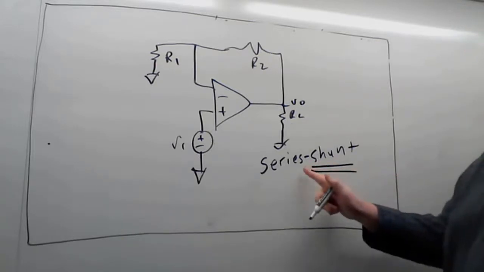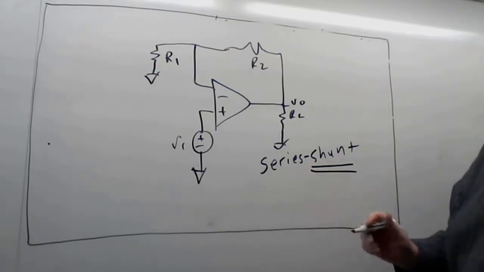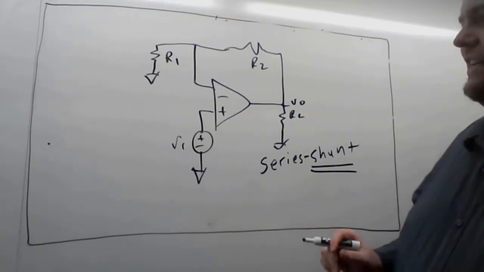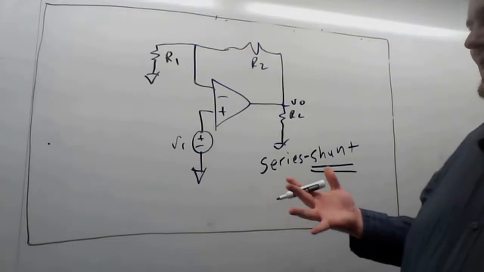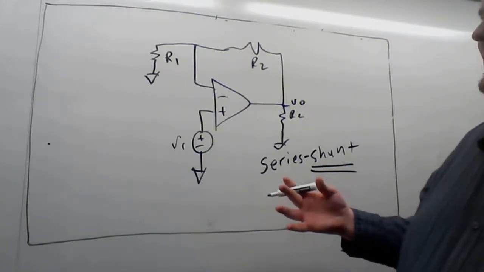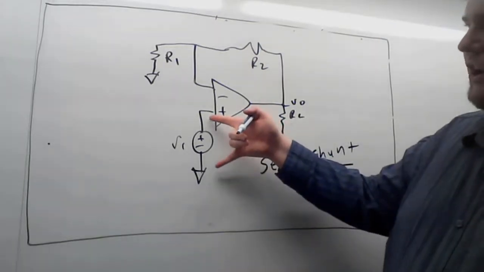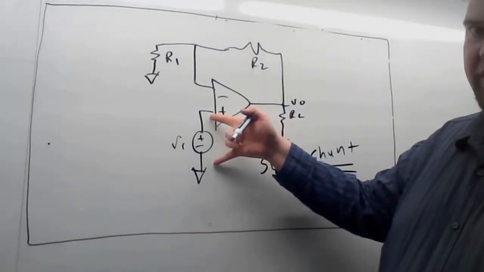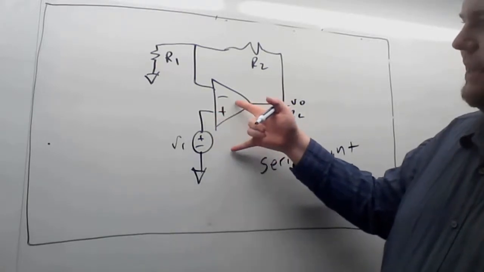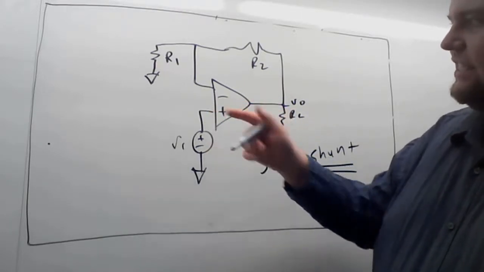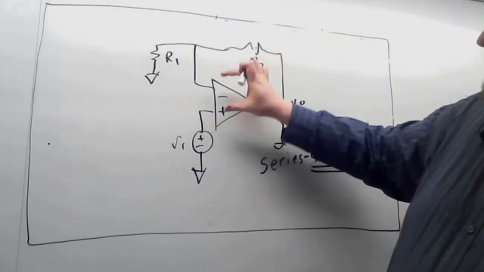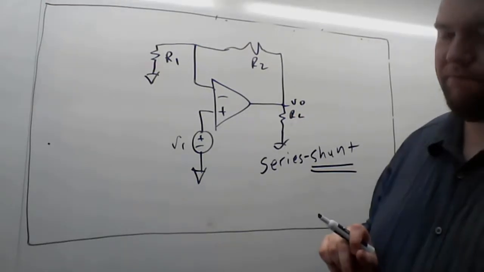Now, series is a little bit weird here. Series on the input refers to whether this is being sampled in series or in shunt. Here our input is a voltage to our circuit, and our op-amp is taking this voltage in series with the voltage here to produce this differential voltage.